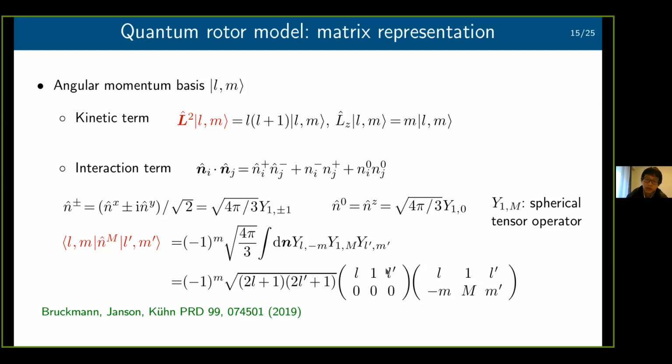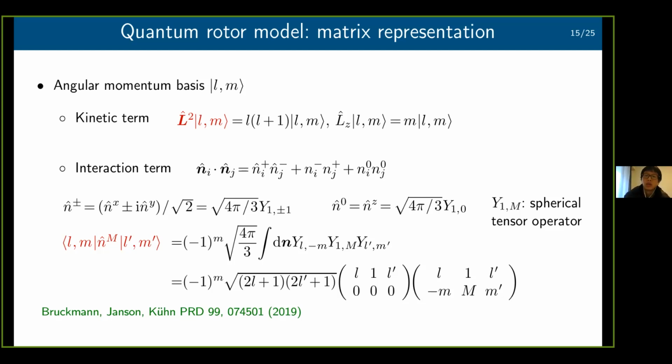So after you go through all the calculations, to obtain the nearest neighbor coupling term, you only need to calculate a few Wigner symbols and put that into a program, and then you will obtain your coupling term in this angular momentum basis.